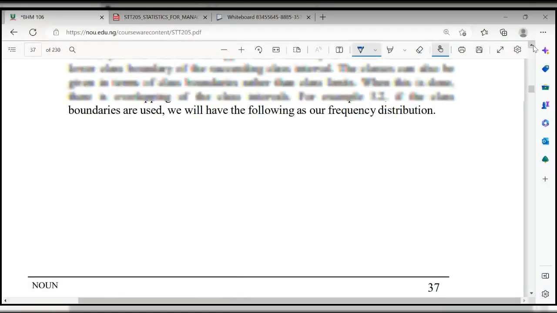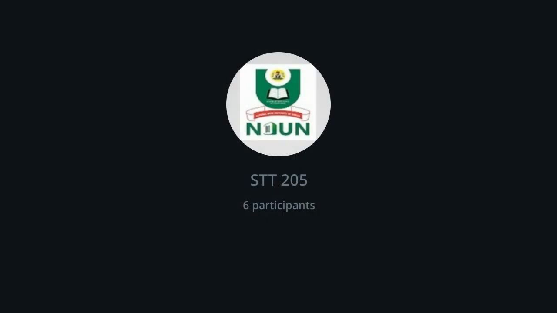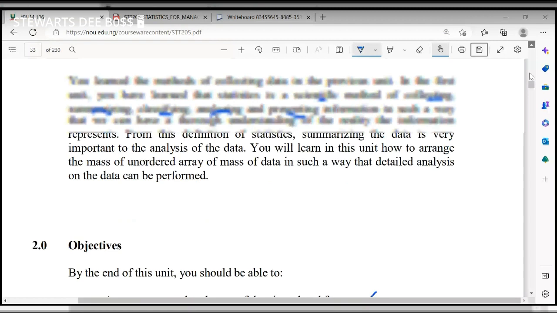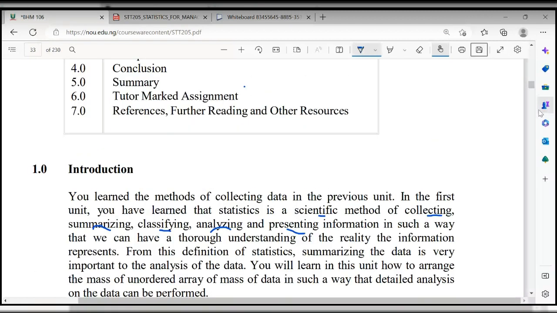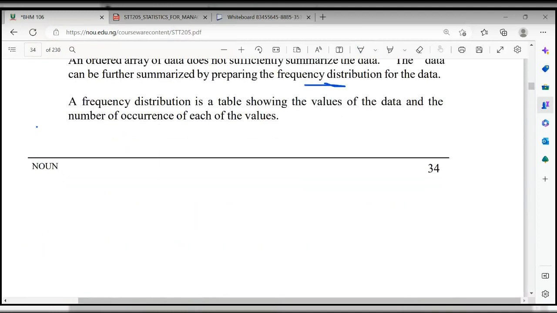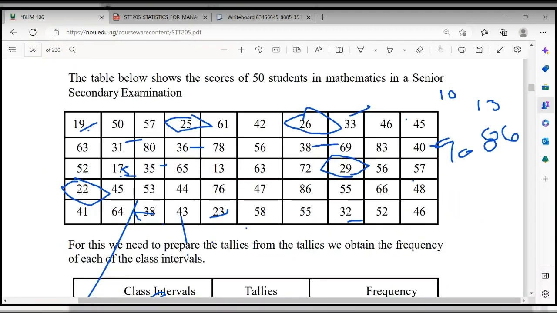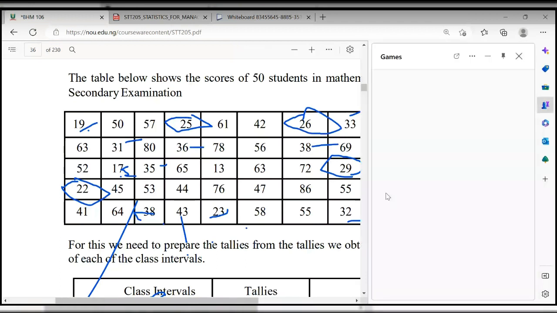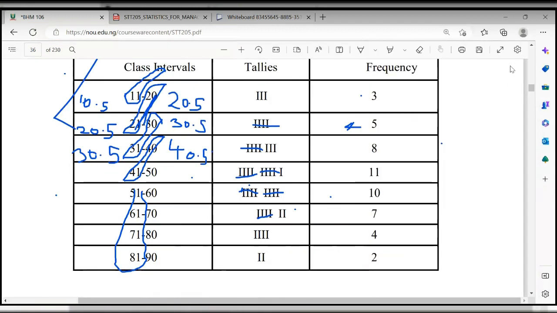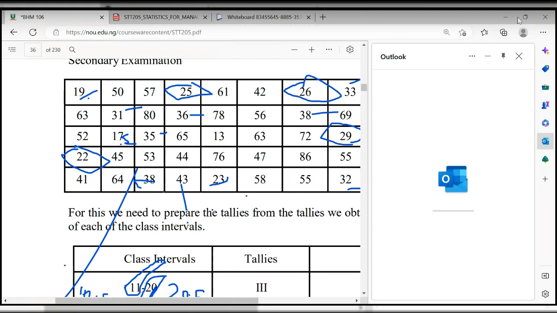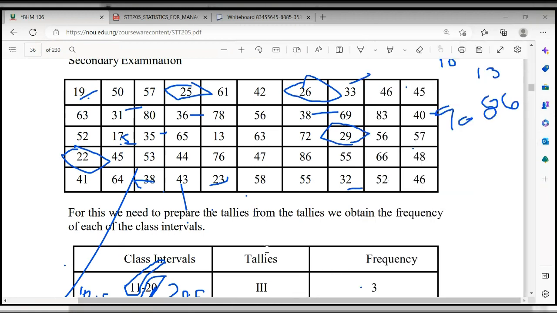Okay. So this one now, they answered this question here. The question told them to prepare the tallies.